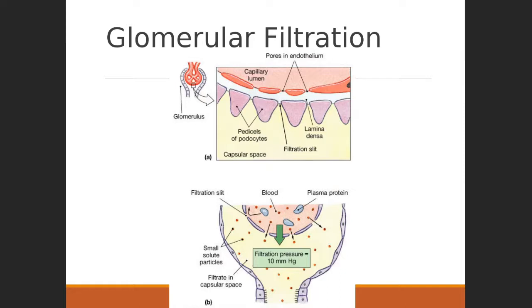It's going to be important to realize that what pushes solutes and fluid across our glomerular wall is a filtration pressure. We talked about blood pressure pushing fluid across a capillary wall when we did Starling-Landis fluid shift. This is the pressure of the blood at the glomerulus.